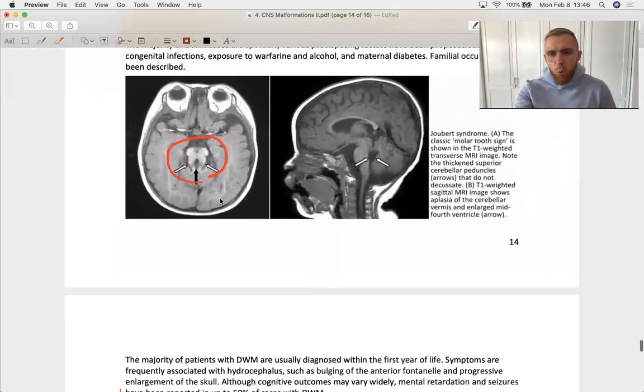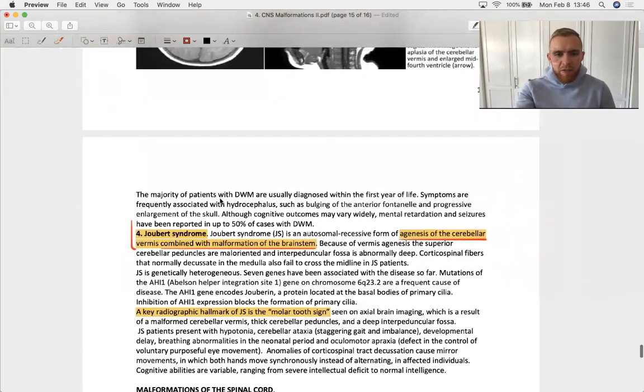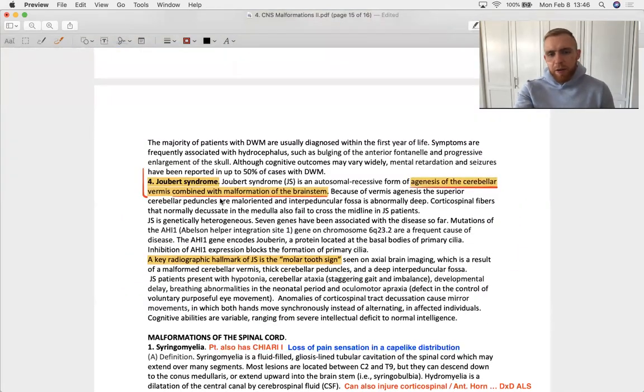So that's really what you need to know for that. If they want to ask you about this, then they're going to give you that. The gene is called Jouberin, convenient, because it's a cerebellar problem. You don't have a vermis. Of course, there's ataxia. And also a corticospinal tract problem.